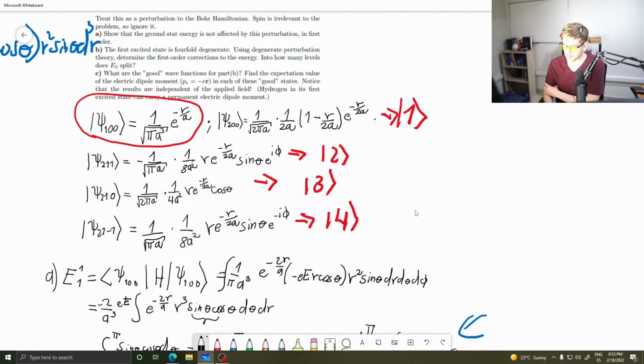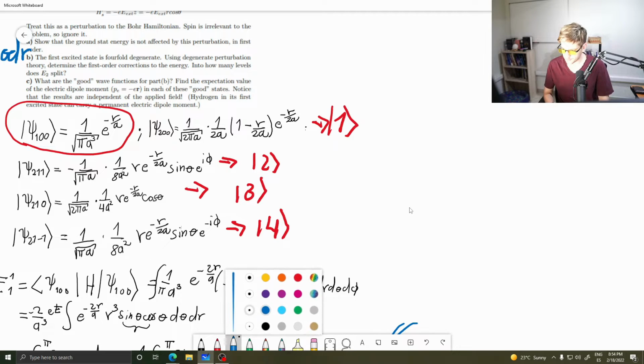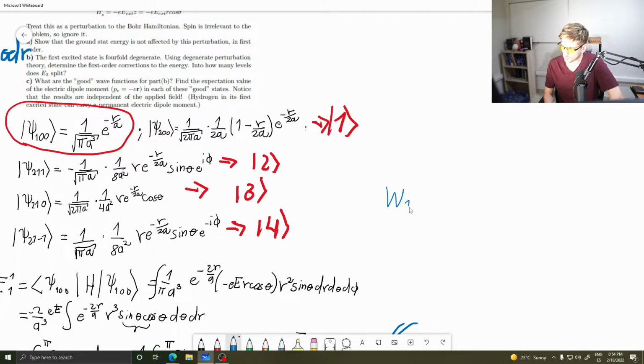Now W14, maybe move over to this side, just quickly. Okay, so W14. Oh wait, why is it so thick? There we go. W14, of course, the same as W41. Now we will get the constants outside: 1 over square root of 2 pi a, and 1 over square root of pi a, and 1 over 2a, and 1 over 8a squared.